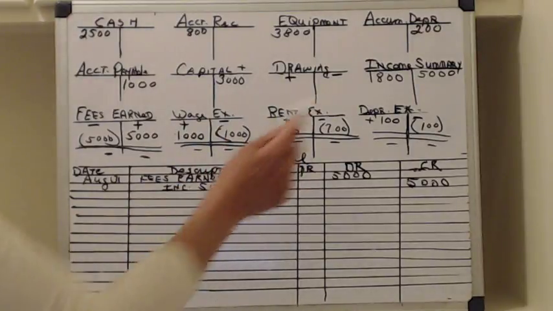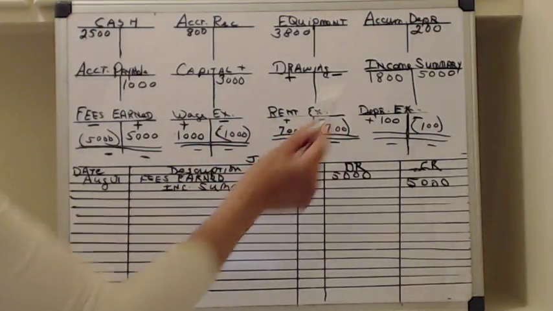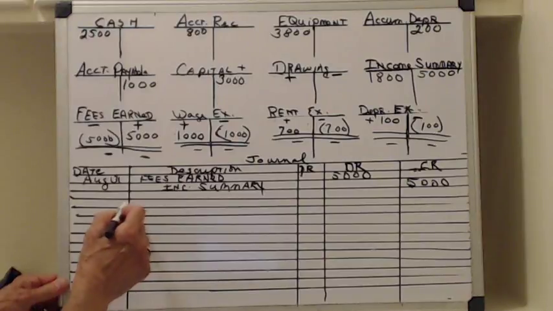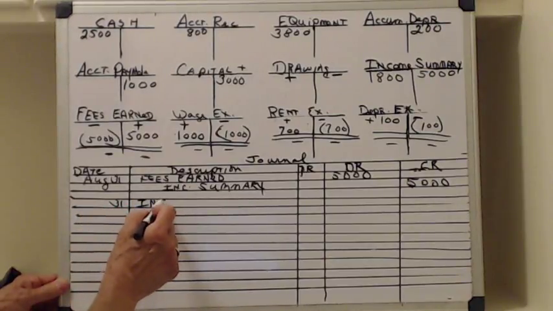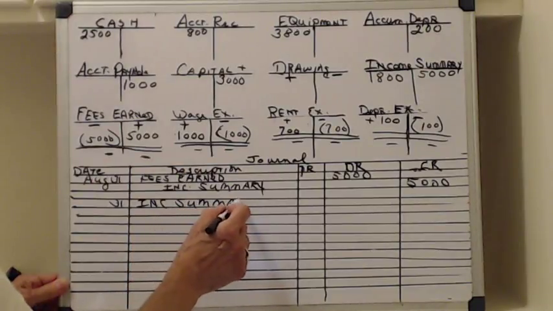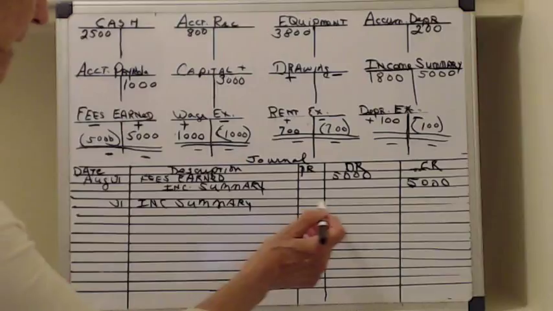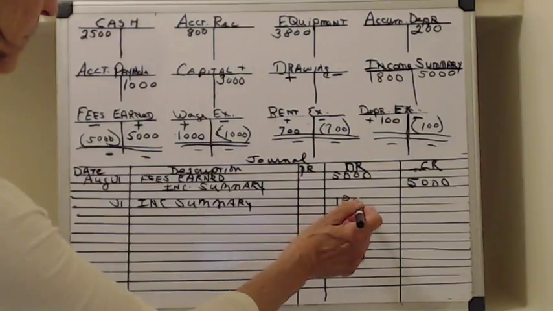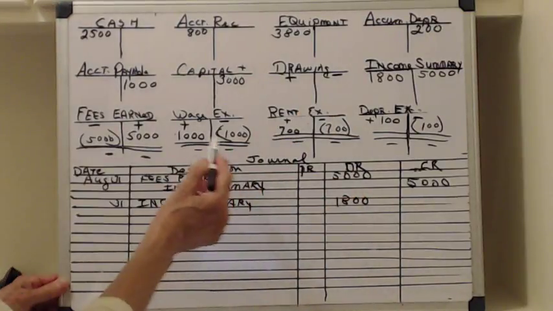So now I'm going to record that entry. Write my debit first, which I'm going to say income summary. I'm just abbreviating here. Income summary is the debit for $1,800. And I'm going to write my 3 expenses.